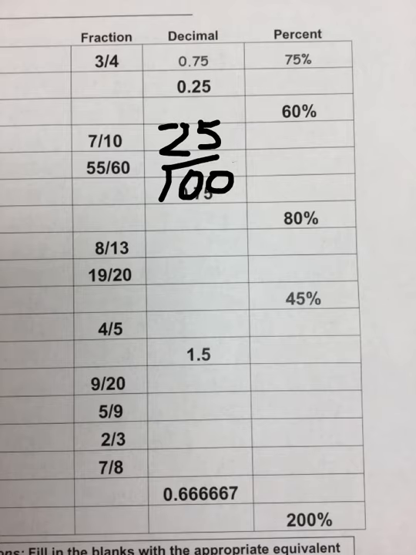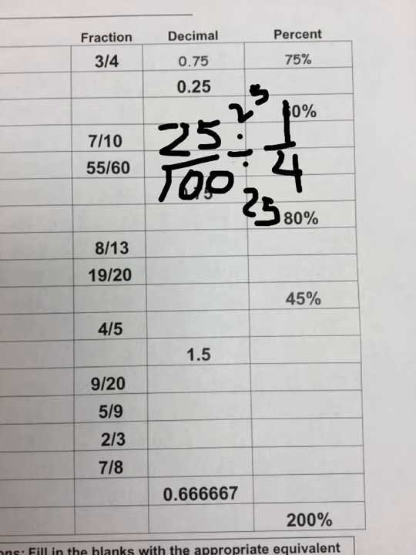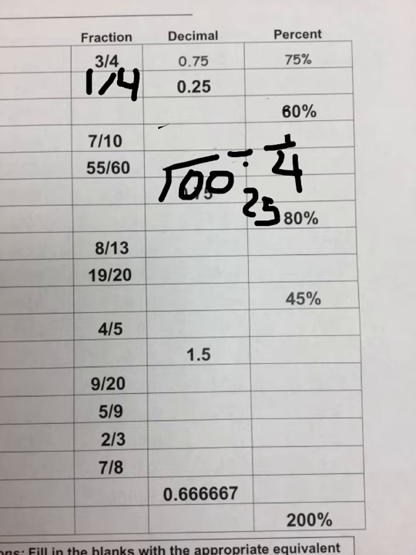So 25 hundredths, I know that 25 can go into 100. 25 divided by 25 is 1, and 100 divided by 25 is 4. So my fraction is going to be 1/4. Now I'm going to look at making this a percent.